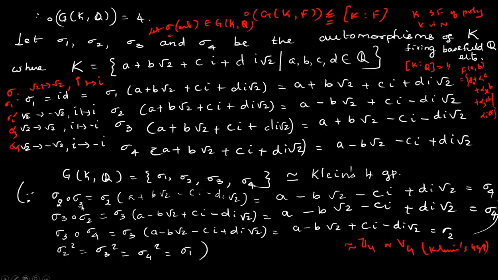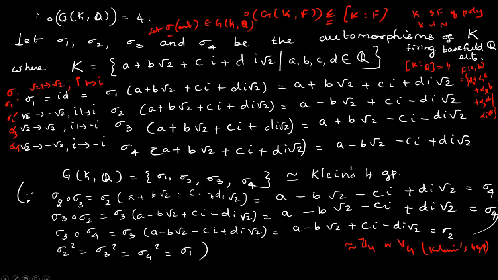Sigma 2 composition sigma 3, when you consider an arbitrary element: sigma 3 will take that arbitrary element to this, a plus b root 2 minus ei minus di root 2. This one is written. And then sigma 2, what does it do? Sigma 2 takes root 2 to minus root 2, and the rest stays as such.